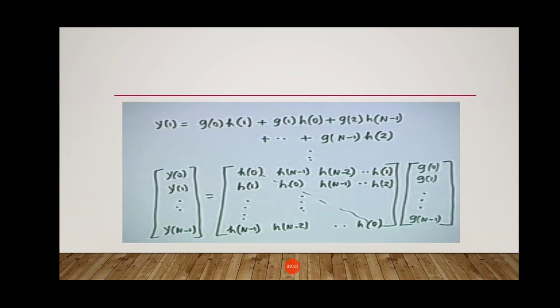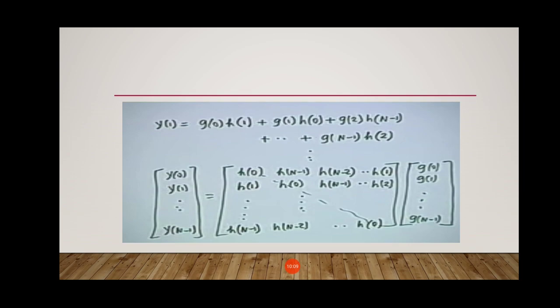So if we are asked to find the circular convolution of two sequences, we will be given g of n, which we can arrange in a matrix, and then we circularly shift the other, h, which can be the impulse response or any signal. It can be y, z, anything; y is usually taken as the output of a system.